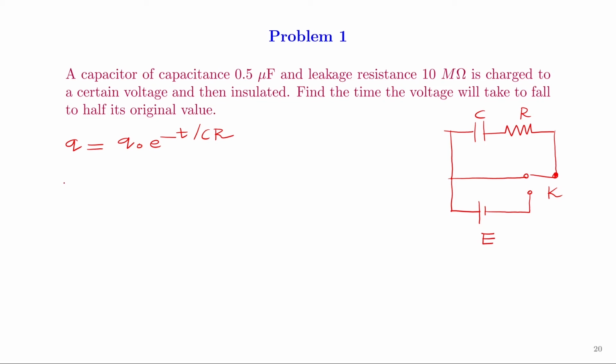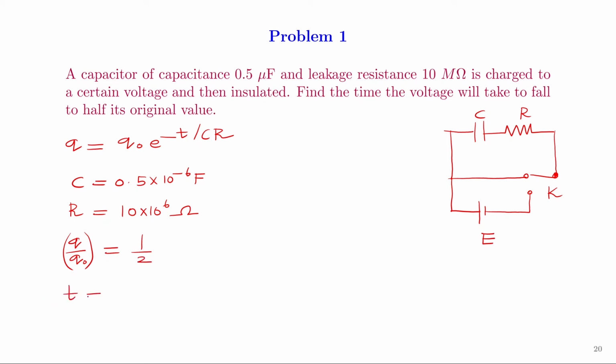Here q0 is the initial charge on the capacitor. Here C is equal to 0.5 times 10 raised to minus 6 farads, R equal to 10 times 10 raised to 6 ohms, and q over q0 has been given in the problem as half.